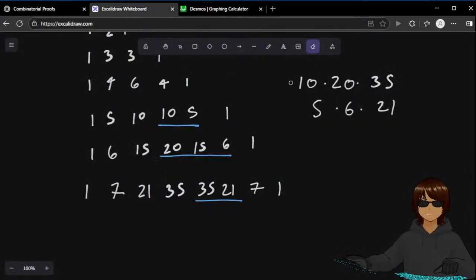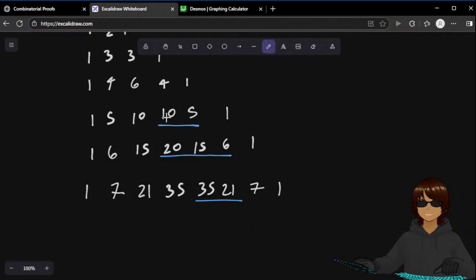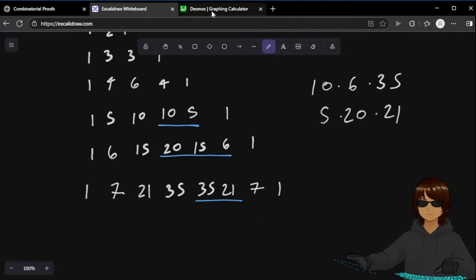Let's see. So they must be saying 10, 6, 35, then 5, 20, 21. Is it like that?